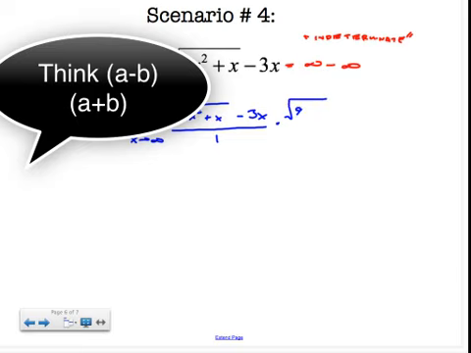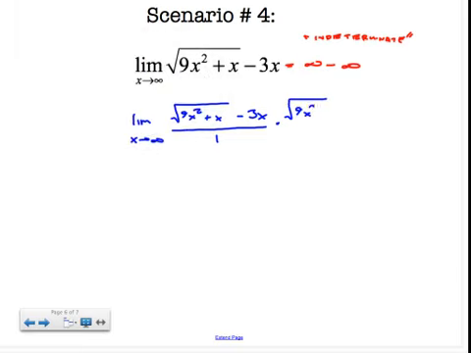In this case, the conjugate to the numerator is the square root of 9x squared plus x, plus 3x, and we need to multiply numerator and denominator by that conjugate.